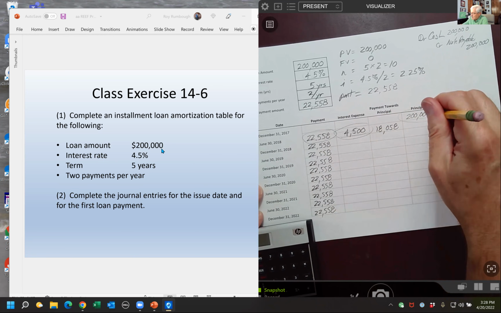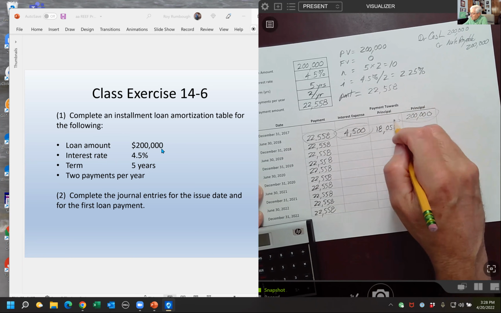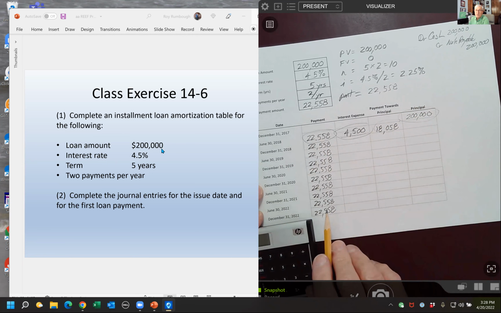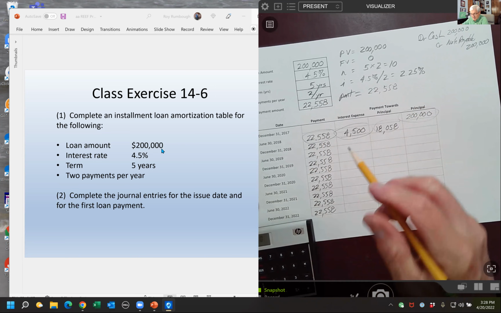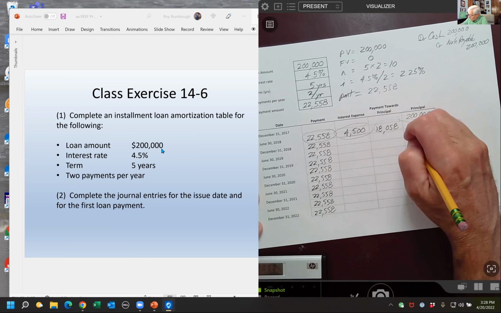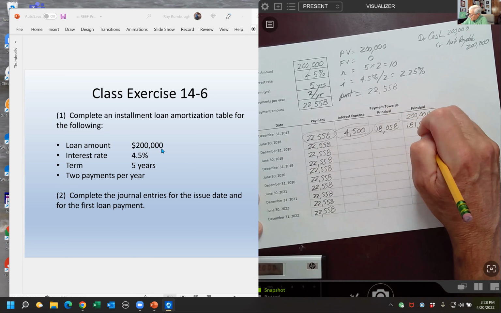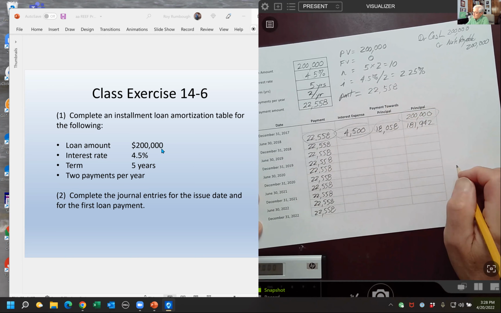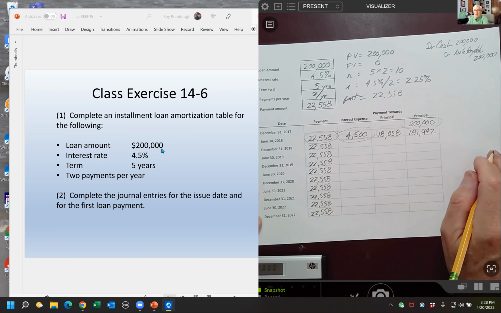So now the principal is 200,000 minus 18,058, which is $181,942. So now the principal is down.